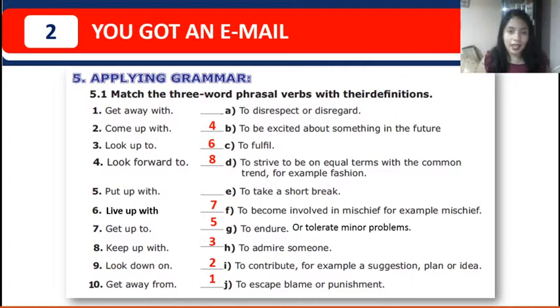And then we have look down on. Look down on means when you disrespect or disregard someone or something. Look at her, right? When you have disrespect for someone.